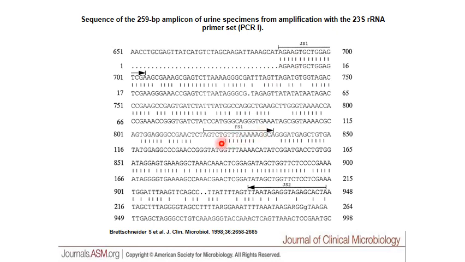Then you have other sequences, and the big thing that hopefully you're noticing is that you have some gene homology. What we're looking for here is finding those sequences that will be unique and will not have cross-reactivity with other species.